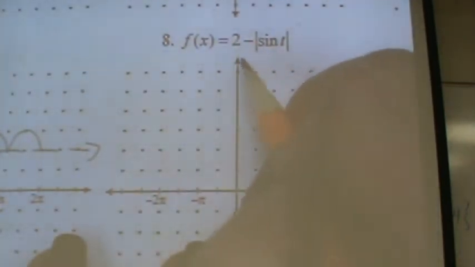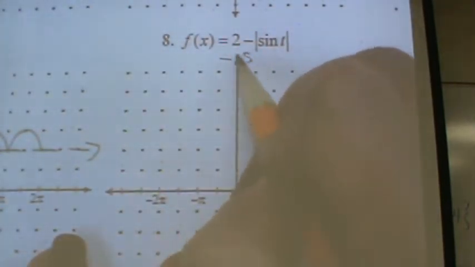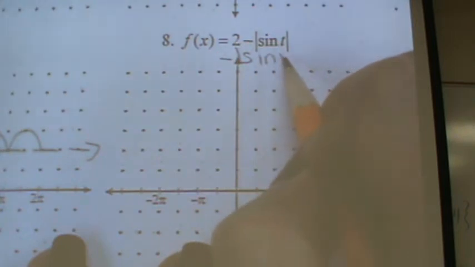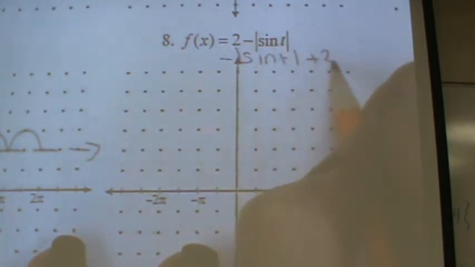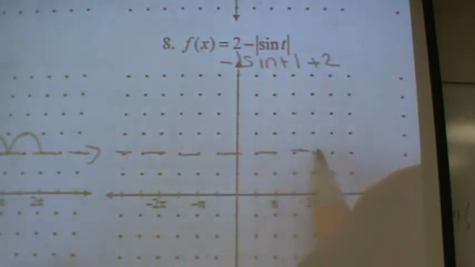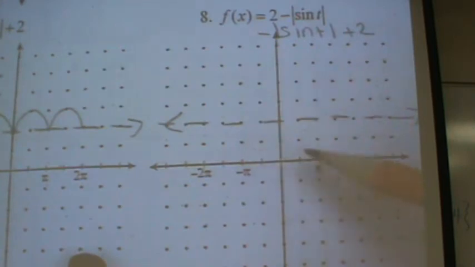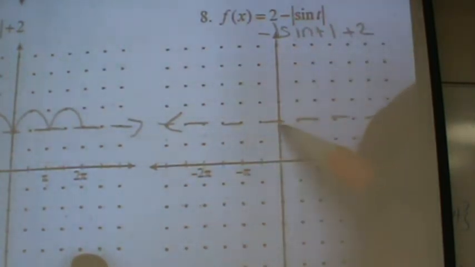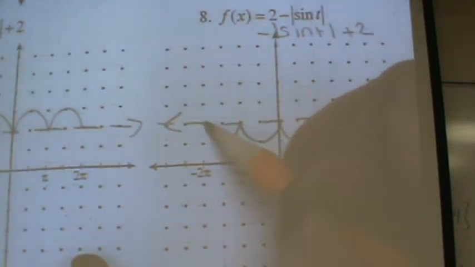This one's written backwards. It's an upside down absolute value sine curve plus 2. So you're going to shift 2 units up. And it's this graph, but it's flipped upside down. So it's going to look like this. Like that.